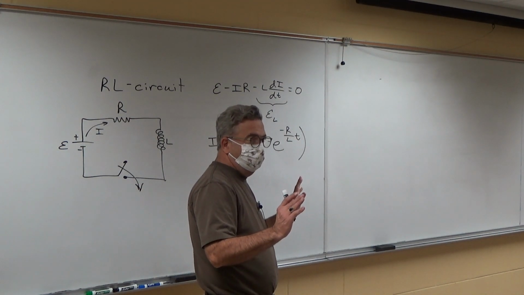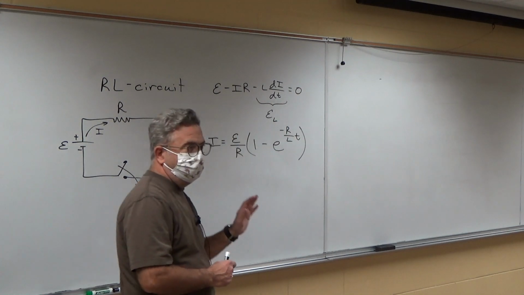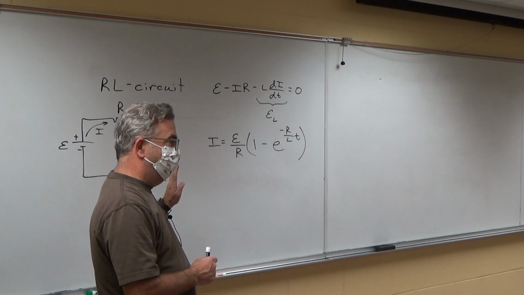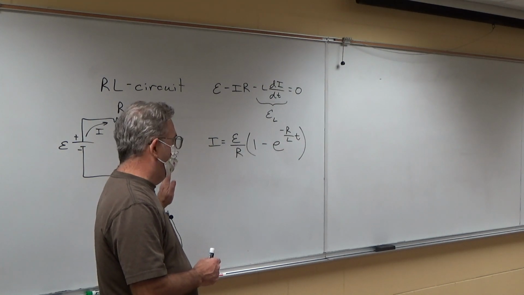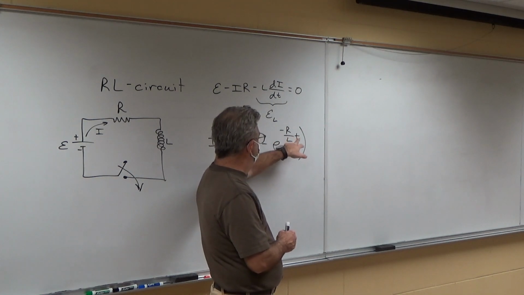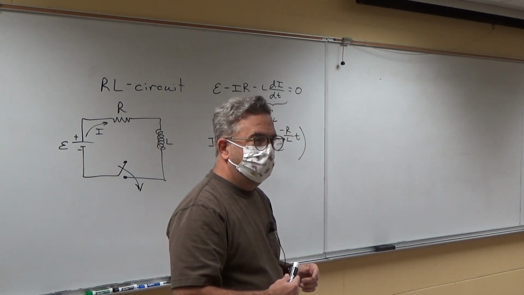The current doesn't change instantaneously. You get a rapidly changing current. The change is great, but it does start out at 0. What happens when t gets very large?